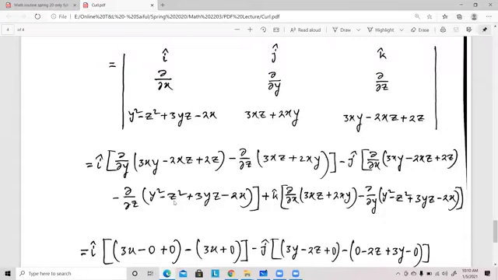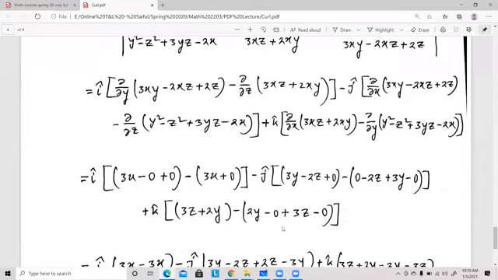Del by del z into this. So minus 2z plus 3y. 3y. And from the last term, এখান থেকে যখন x এর রেসপেক্টিভ পার্শিয়াল ডিফারেন্সিয়েশন করা হবে, So 3z plus 2y. এখান থেকে So 2y plus 3z. 2y plus 3z.